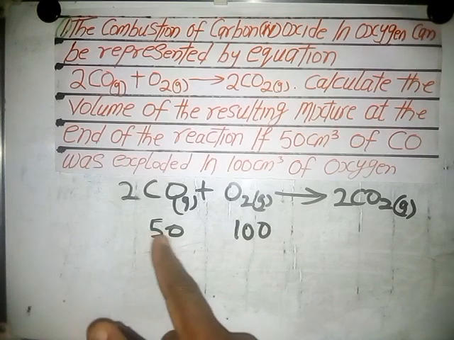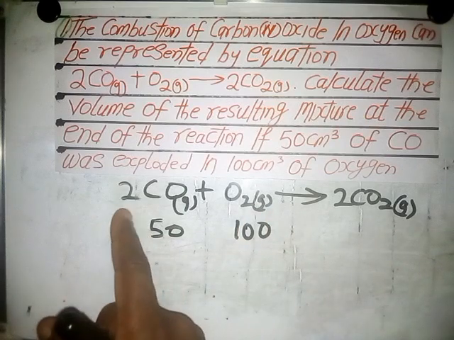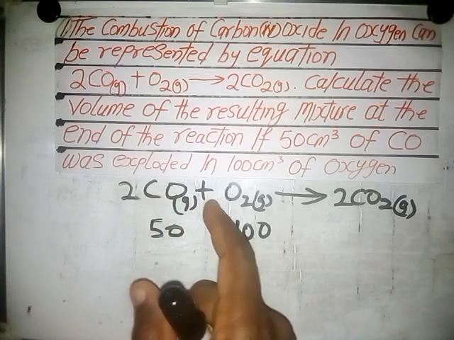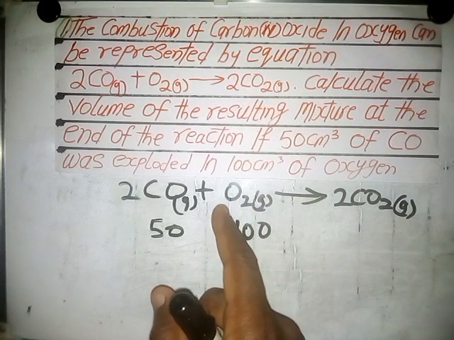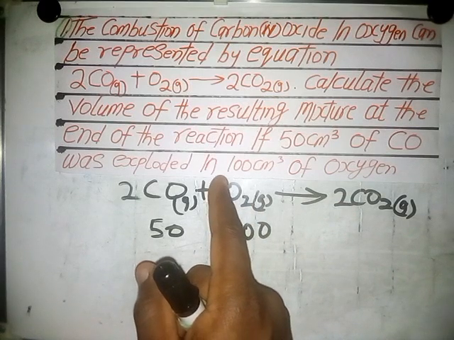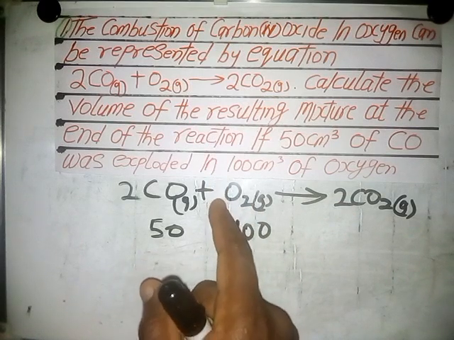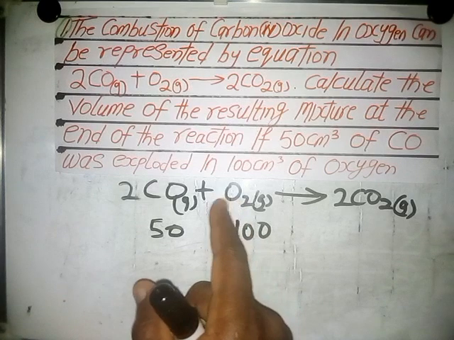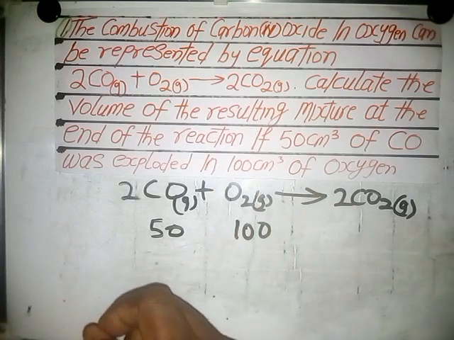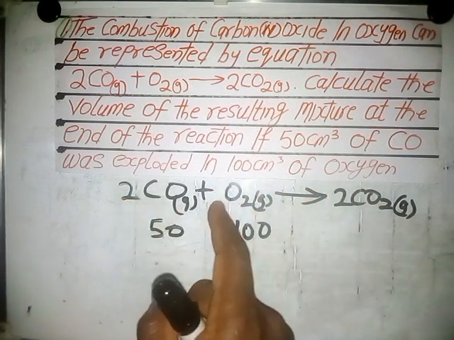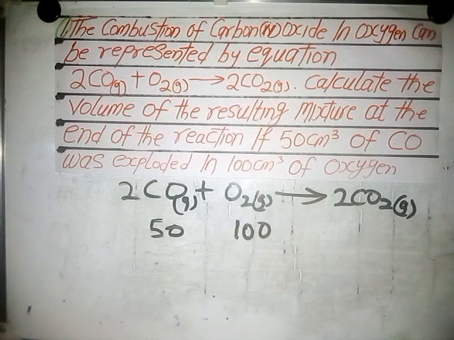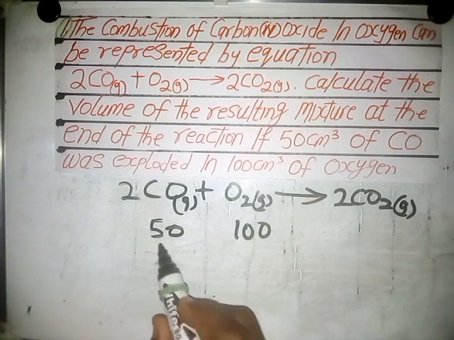So the way to go about it, since we are given 50 here, look at the ratio. The ratio is 2, 1, 2. Normally we don't write the 1, we know there's 1 in front of oxygen, but we don't write it.